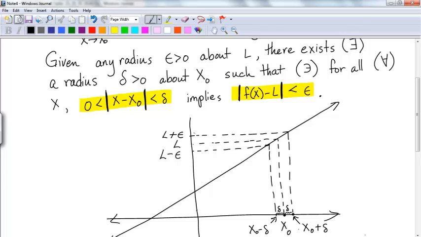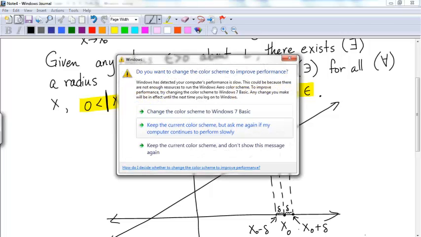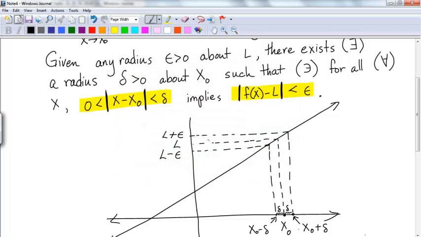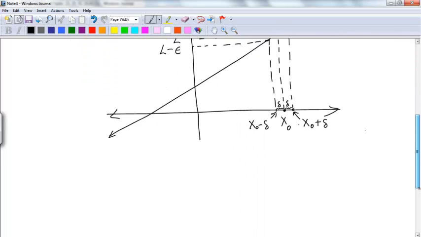Chloe could say, oh no, I'm going to use 0.01, I'm going to go smaller. So we would narrow the interval, and then I would narrow this interval on the y-axis. If it really is a limit, I will always be able to come up with an interval on the y-axis. Okay, so let's look at an example with numbers now.